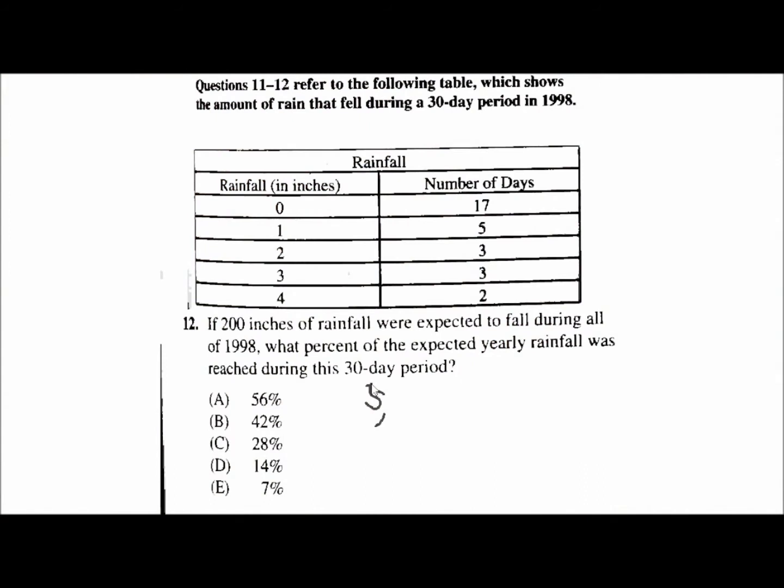And then we've got 2 times 3, because for 3 days they had 2 inches each day, that'd be 6. And then for 3 days they had 3 inches each, which would be 9. And then for 2 days, they had 4 inches each. And that would be 8.